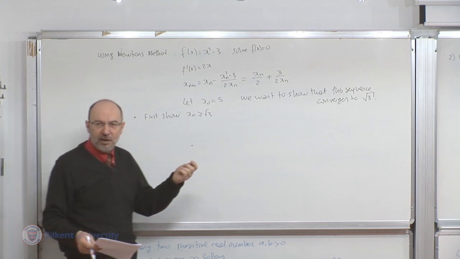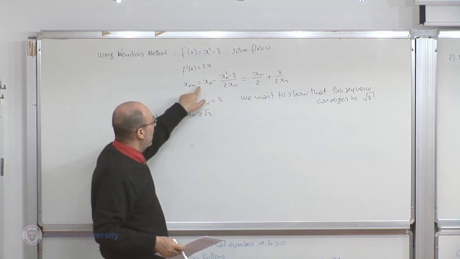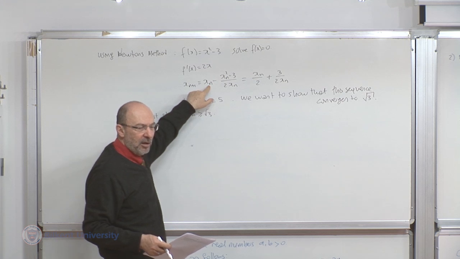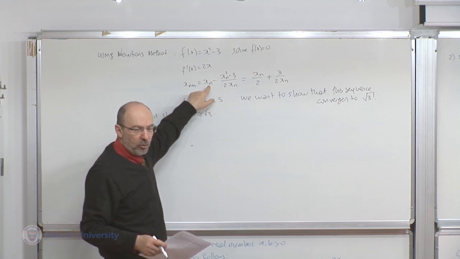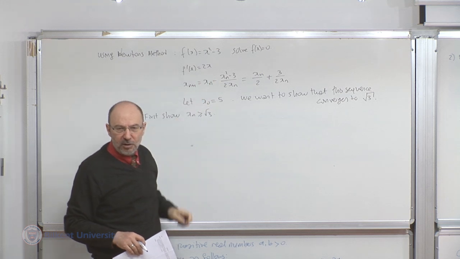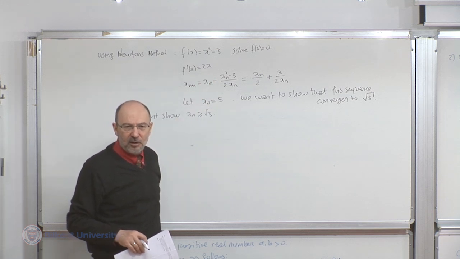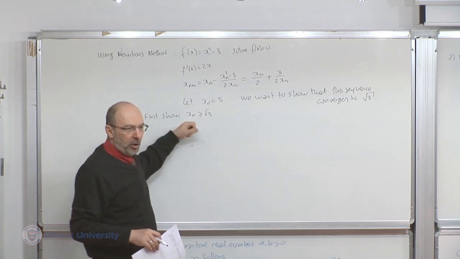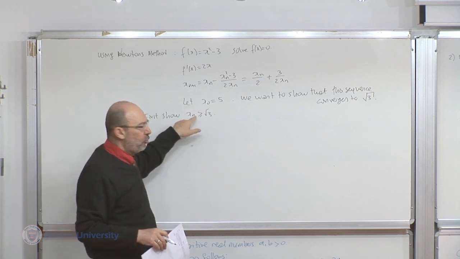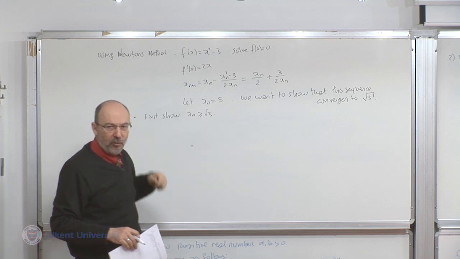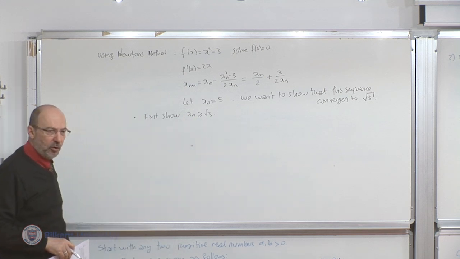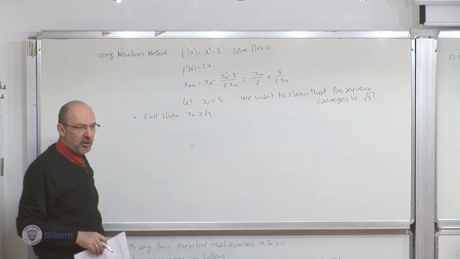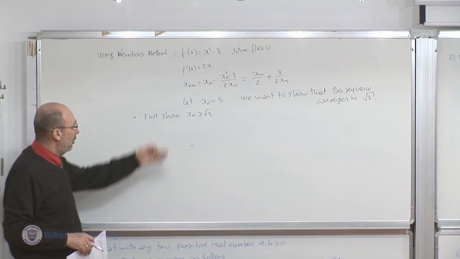Once I know it has a limit, I can take the limit of both sides as n goes to infinity. I get an equation for L: L squared will be 3. Everything is positive, so the limit, if it exists, is square root 3. That's very easy. So in order to show that it is bounded from below, I have to choose an easy number here. But just for demonstration purposes of certain techniques, I'm using this number. If you just say x_n is positive, it is clear.